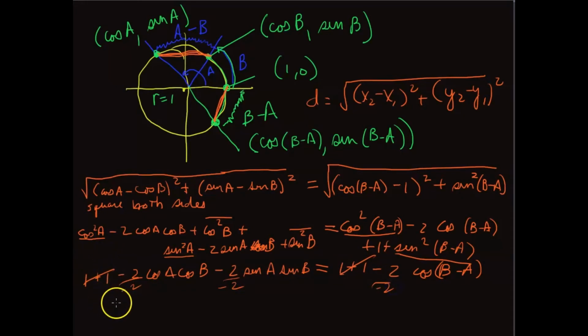And we get cosine A, cosine B, plus sine A, sine B equals cosine B minus A.